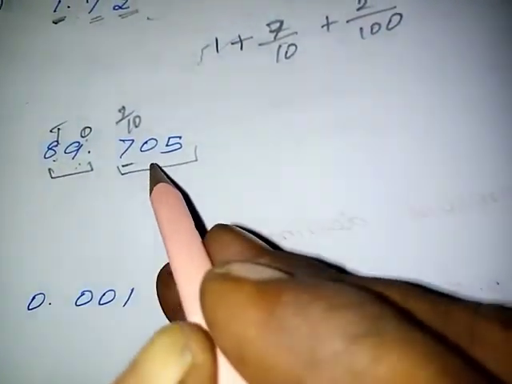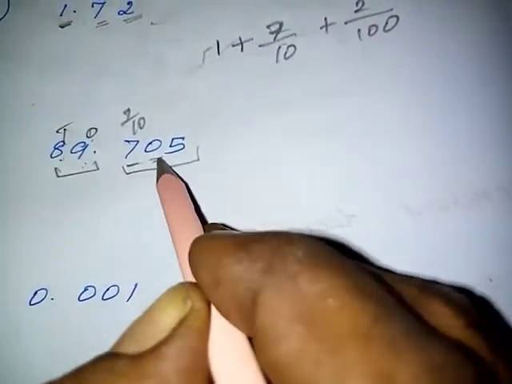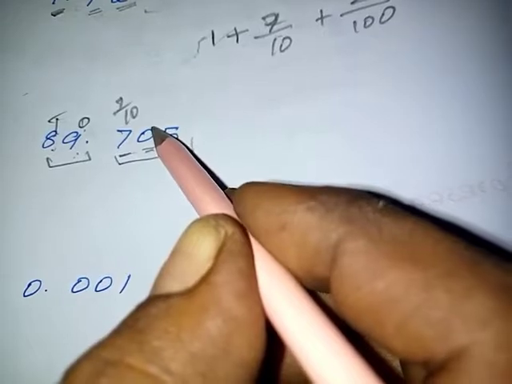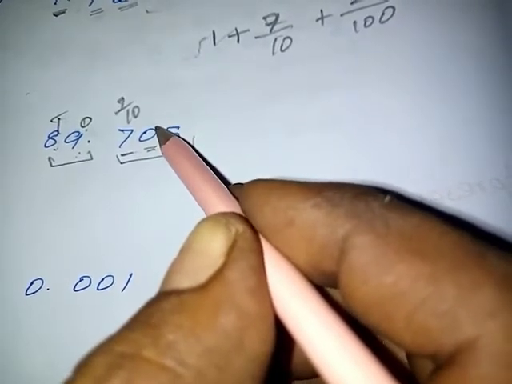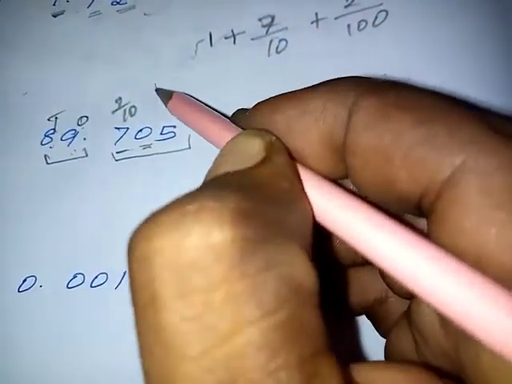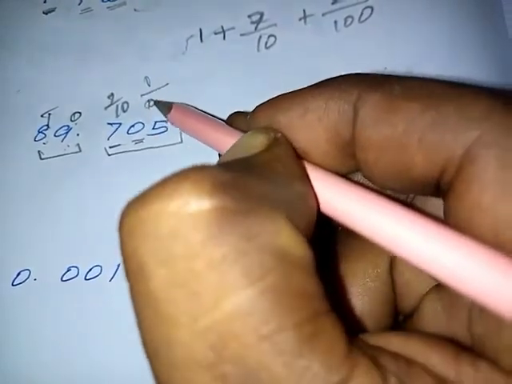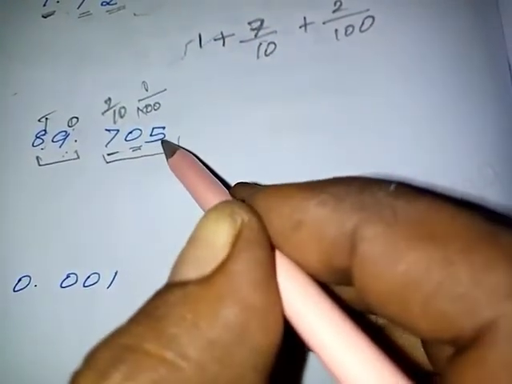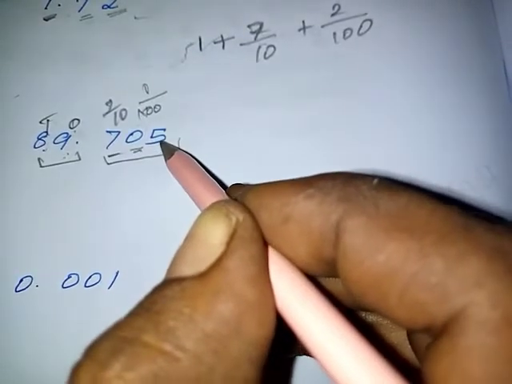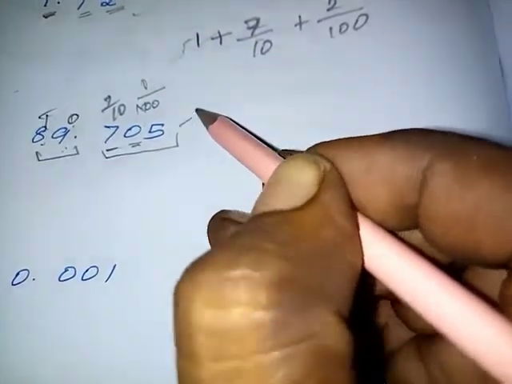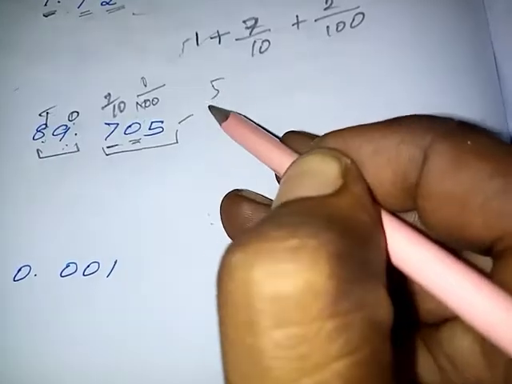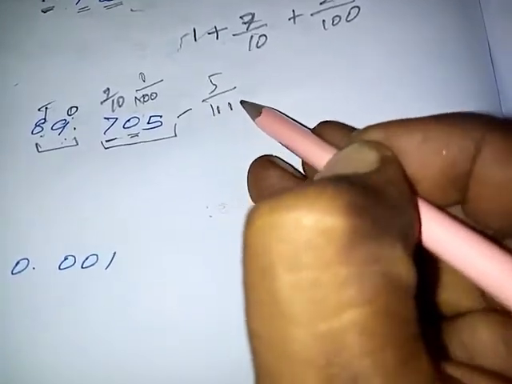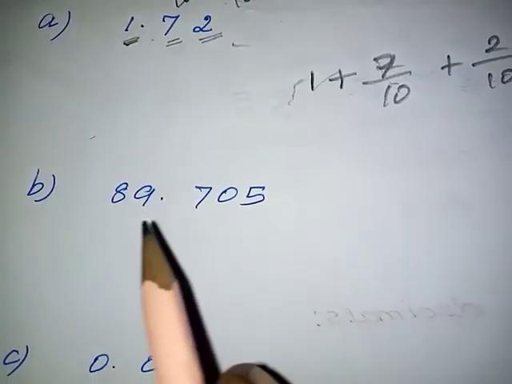Then the 0 represents hundredths. So here the number of hundredths is 0, so 0/100. And followed by the digit 5, which represents thousandths, so 5/1000.